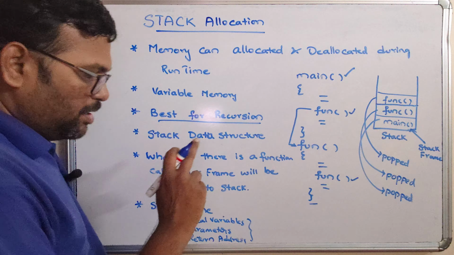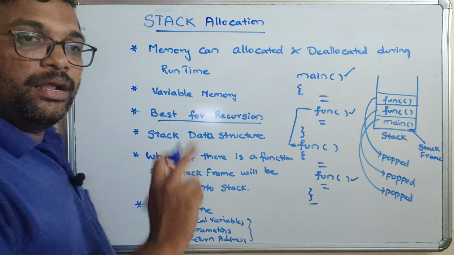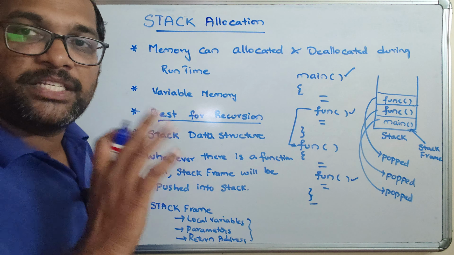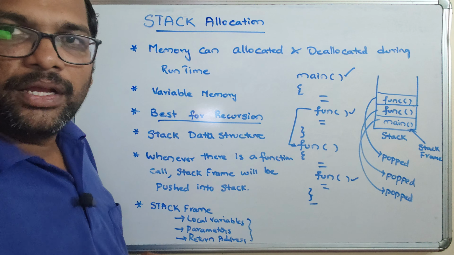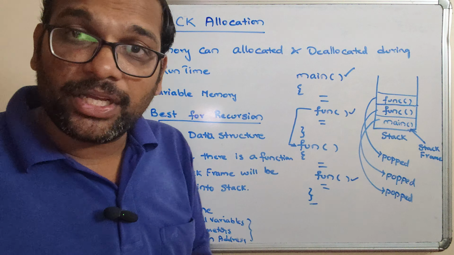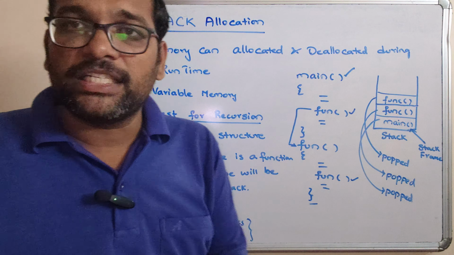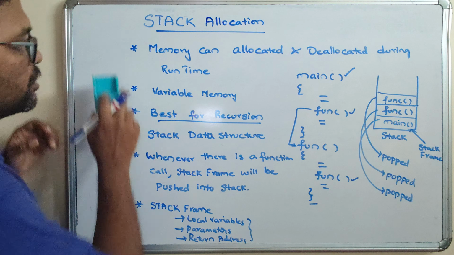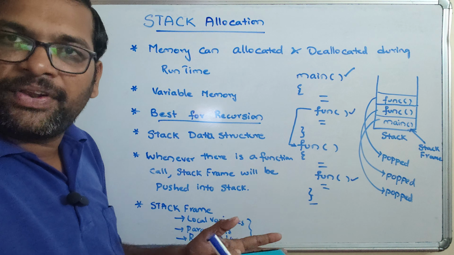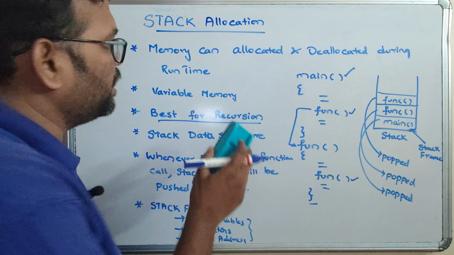One is that it is best for recursion. Coming to the data structure, no data structure is used in static allocation. We will write a small difference between stack allocation and static allocation.